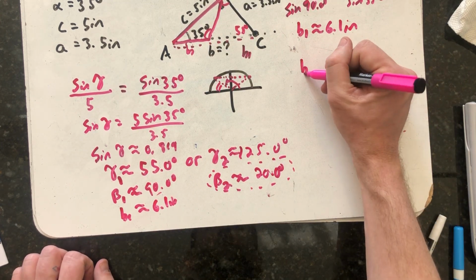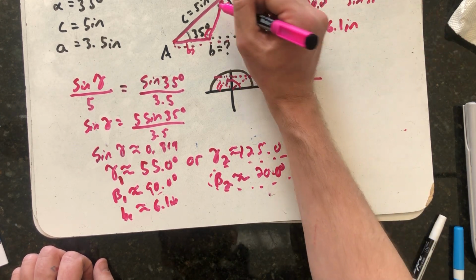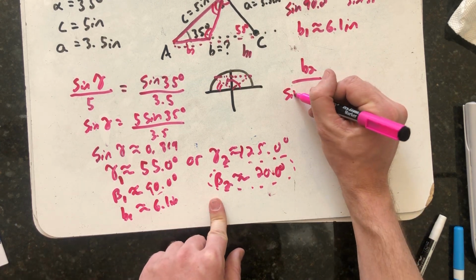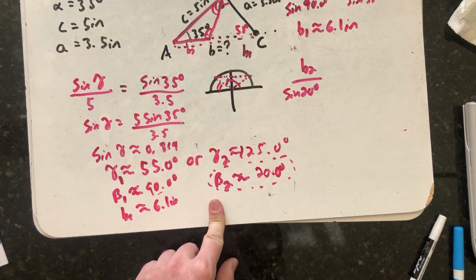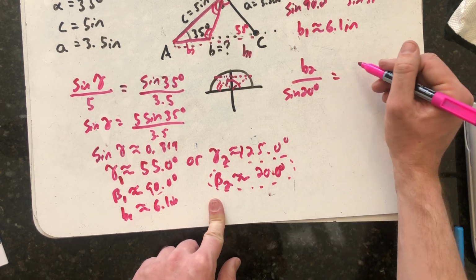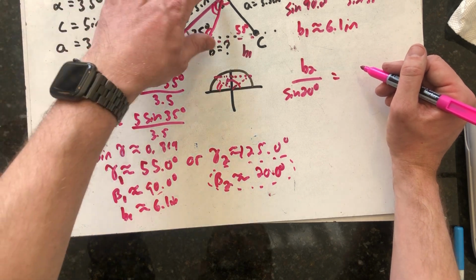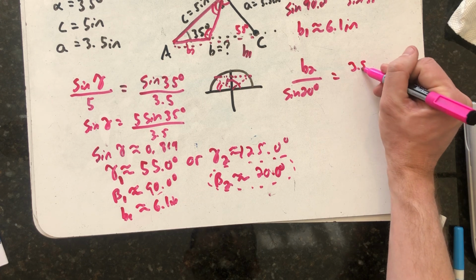All right, little b2. Excuse me, little b2, the little acute angle up there. So beta 2 is 20 degrees, sine of 20 degrees. I'm looking at little b2 and that angle beta up there. Again, I can use the given information, and that's still a 35-degree angle, and a, that swinging side, is still 3.5 inches long.